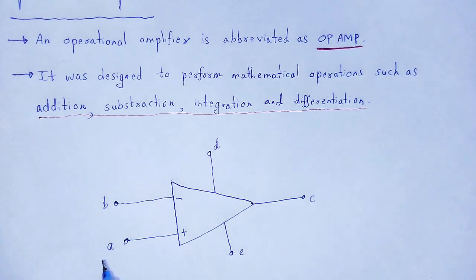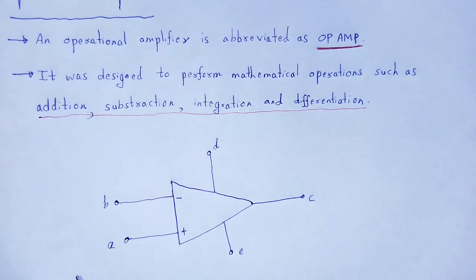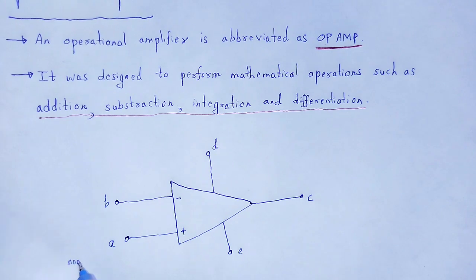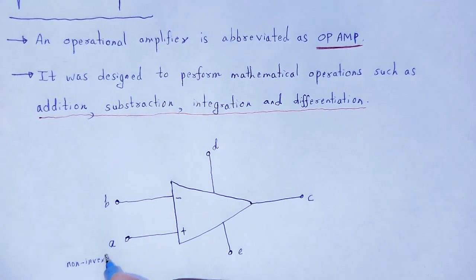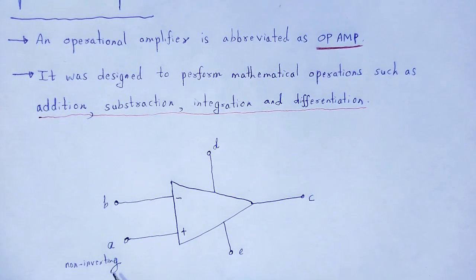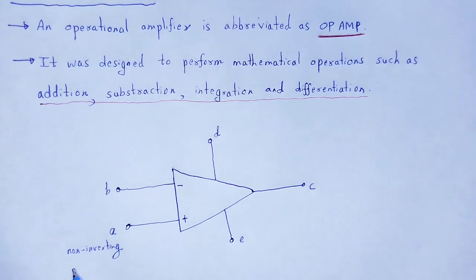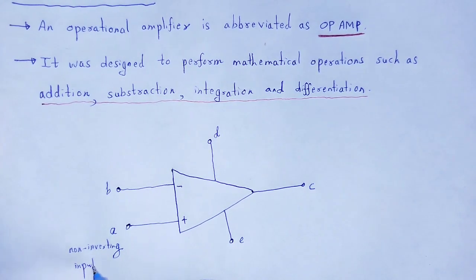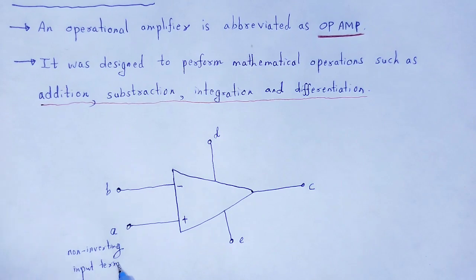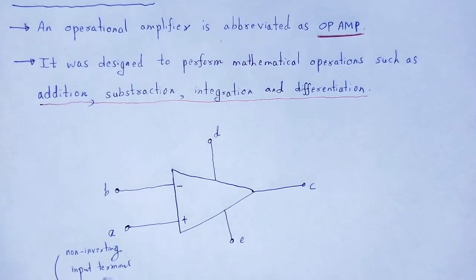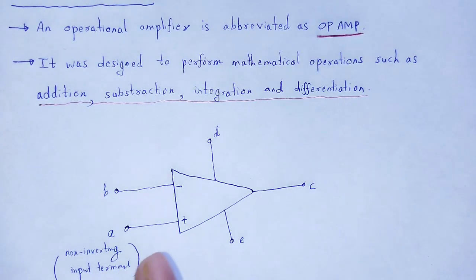Terminal A is called the non-inverting input terminal. Why is it called the non-inverting input terminal?